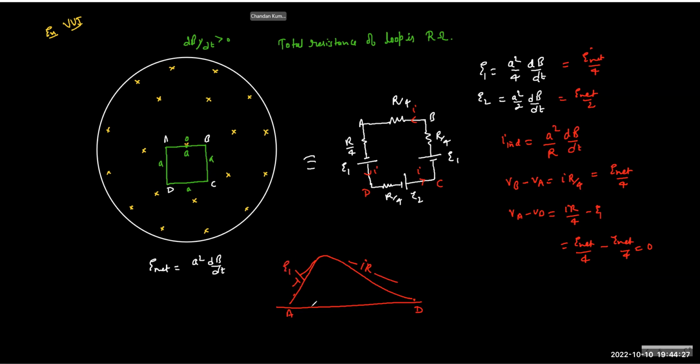E1 is raising you, but IR4 is letting you down. So potential wise, A and D are same. Understood? Yes.